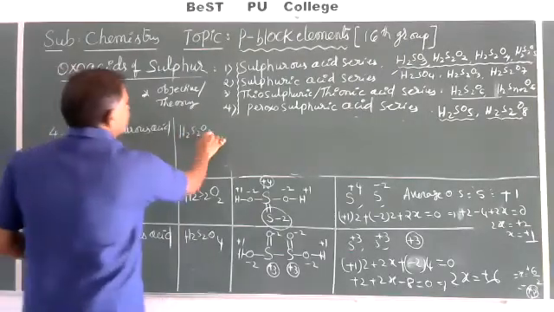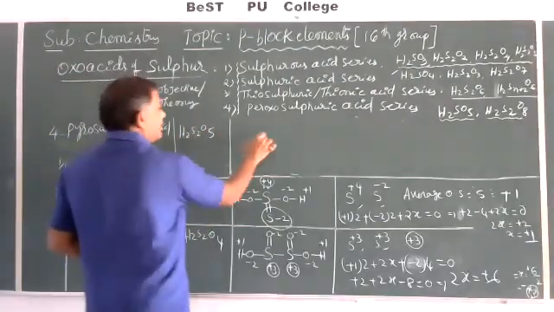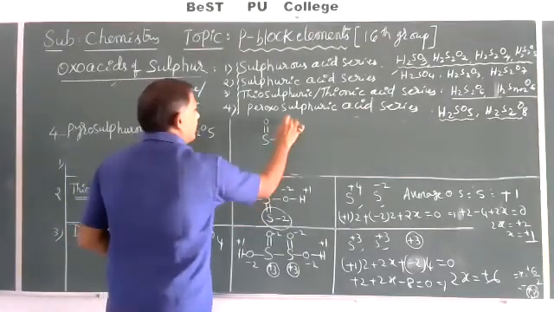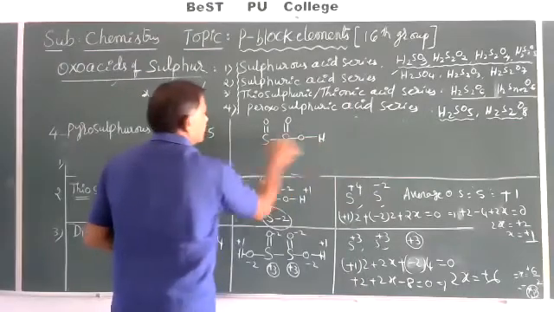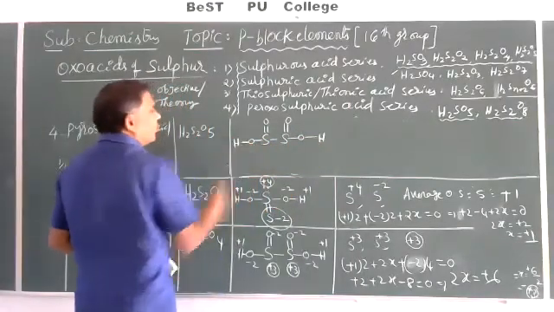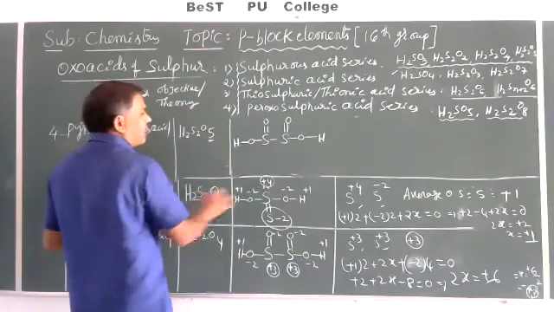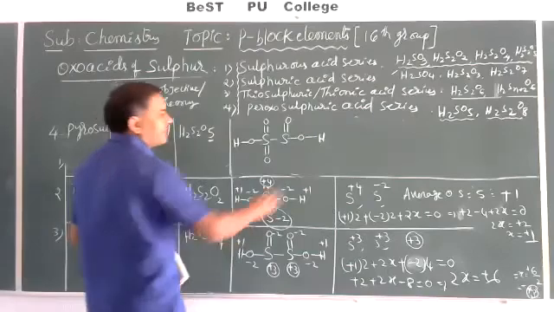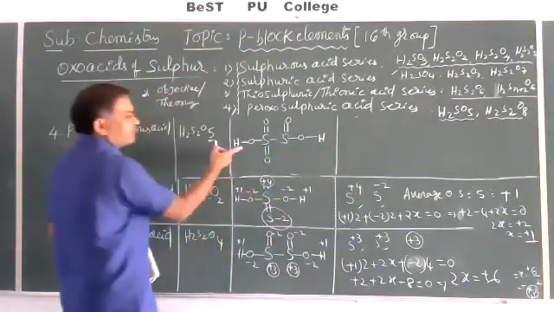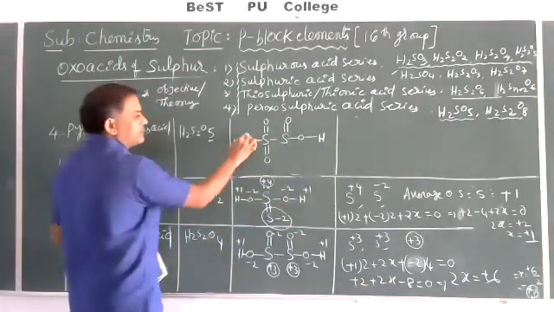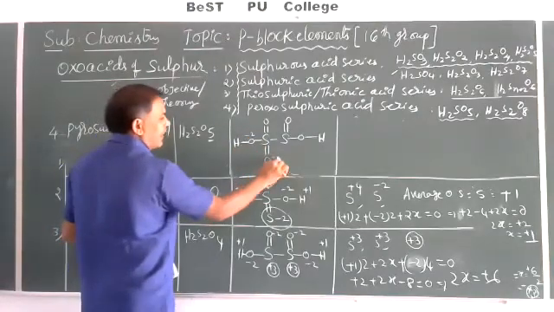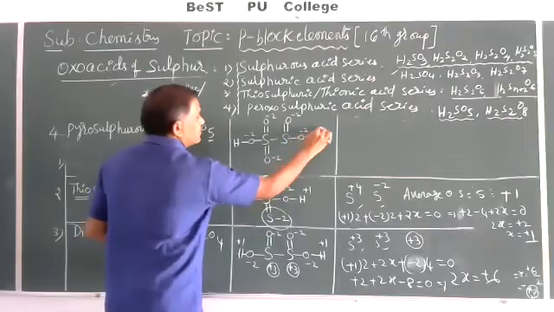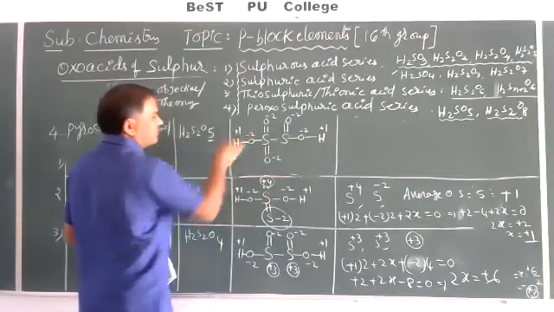H2S2O5 this is, and its structure is sulfur, there is a double bond O, bond OH, and here there is another OH. One more oxygen atom is there, either here or here, take it anywhere like this. Now this is the structure of pyrosulfurous acid. Your oxygen is -2, this is -2, -2, -2, here -2, and here +1, and here +1.